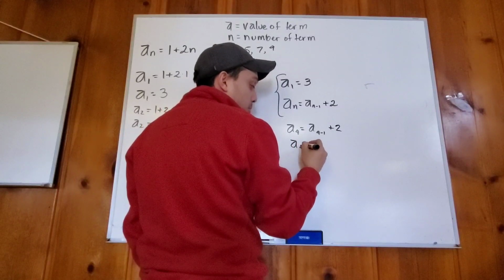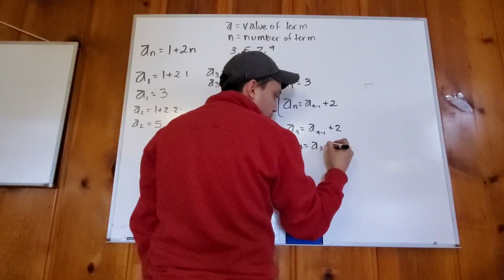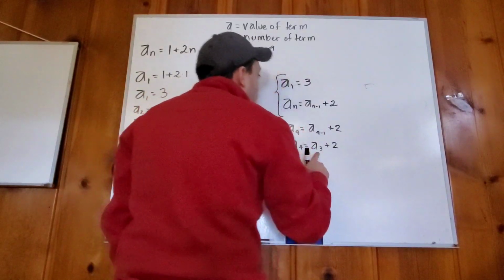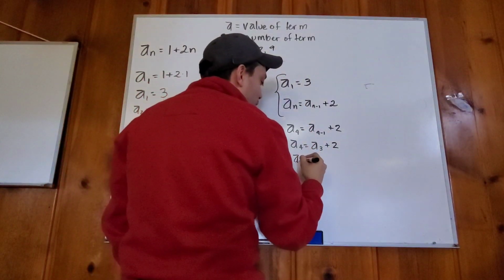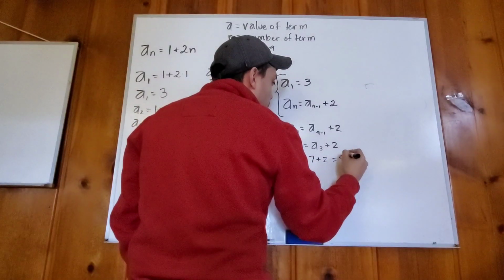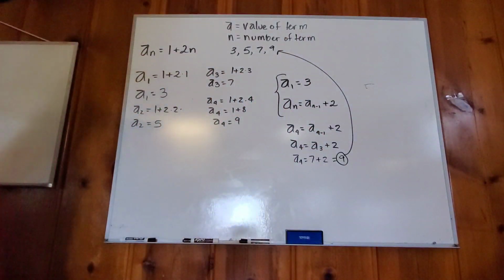Hopefully that's not a big surprise for anybody. I know you guys are not really in the physical school, but hopefully you haven't forgotten that yet. So a of 3 is going to be 7. So a of 4 is 7 plus 2, which is 9. Wow, look at that. We finished another example.